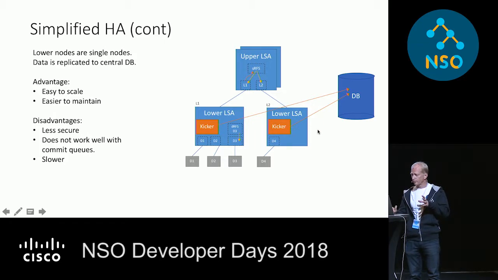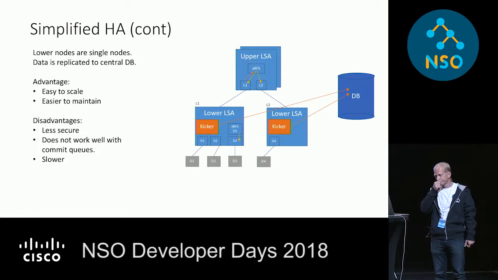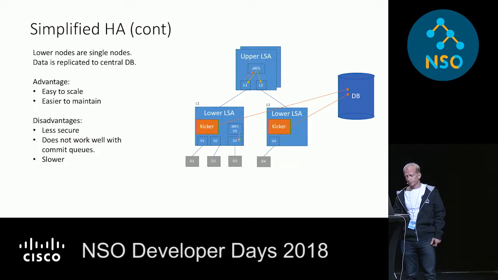Because then, if, say, L1 goes down, you can reinstall those devices from the database into L2. You don't have to read the device configuration from the source node L1, but instead you can read it from the database. So it's potentially a more convenient HA setup, but it has some drawbacks.